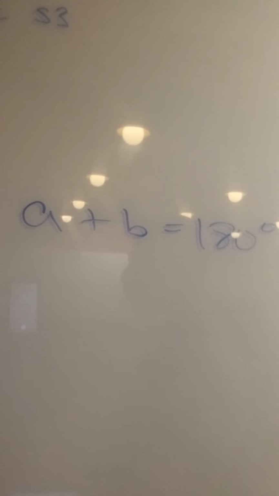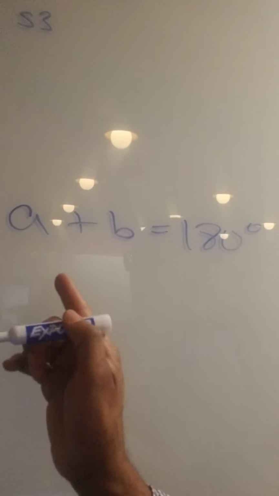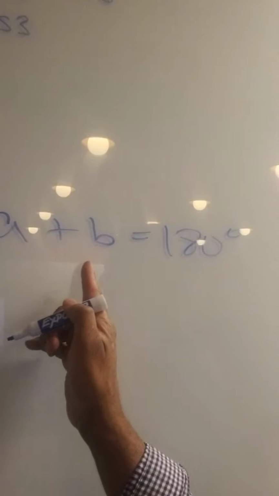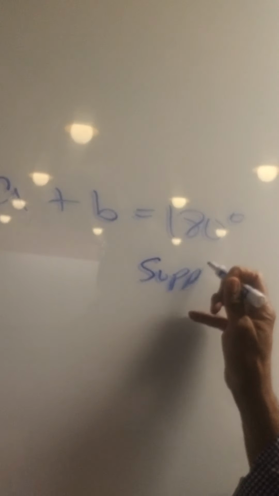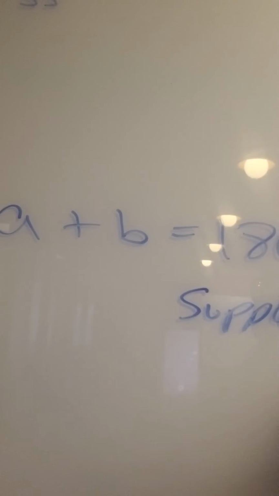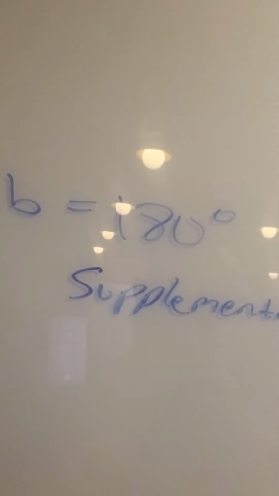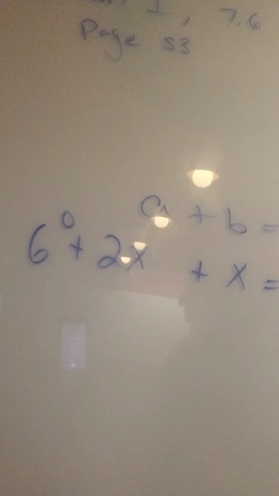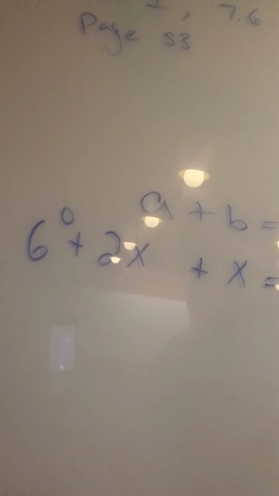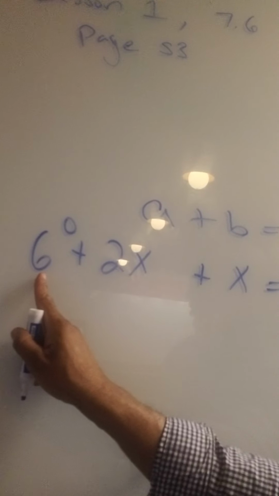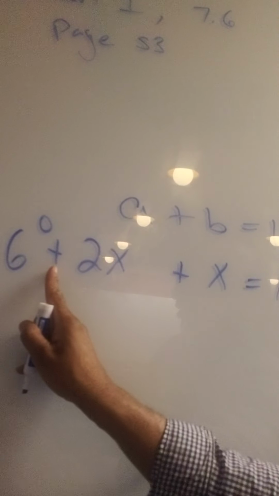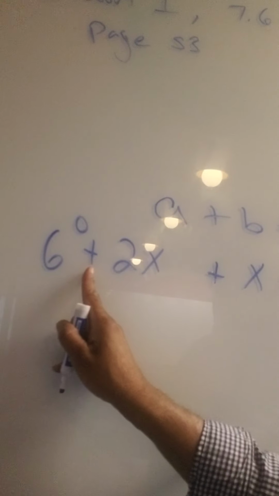Okay, step 1, we're looking at a supplementary angle. So we know that angle A plus angle B has to equal 180 because that's what supplementary means. Okay, here's where the problem gets a little bit tricky. They tell us that 6 degrees more. Notice I put an addition sign.